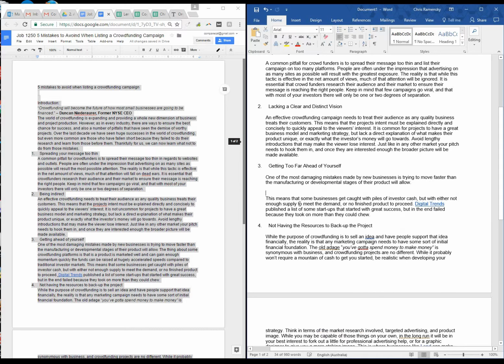Let's see if we've said that twice here. One of the most damaging mistakes by new businesses is trying to move faster than the development stages of their product will allow. This means that some businesses get caught with piles of investor cash, but with either not enough supply to meet the demand or no finished product to proceed.